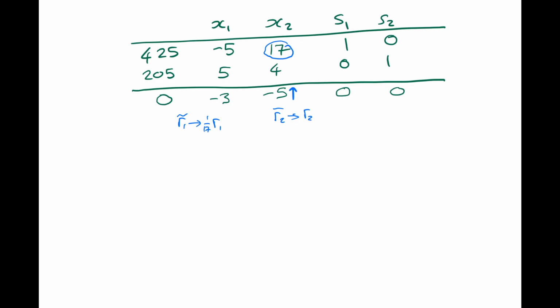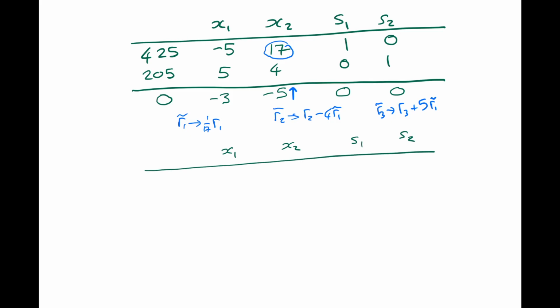However, our new R1 is a multiple of our pivot row, and we know that will give us a 1 at our pivot. So we could minus 4 lots of our new row 1. That would give us 4 minus 4 times 1, because 1 will be in our new row 1. Similarly for row 3, our new row 3 will be our old row 3 plus 5 lots of our new row 1. So we can perform these row operations and write down the next iteration of our simplex tableau.